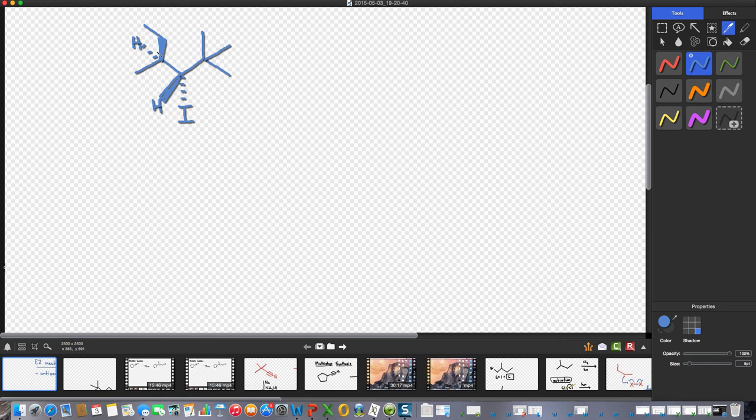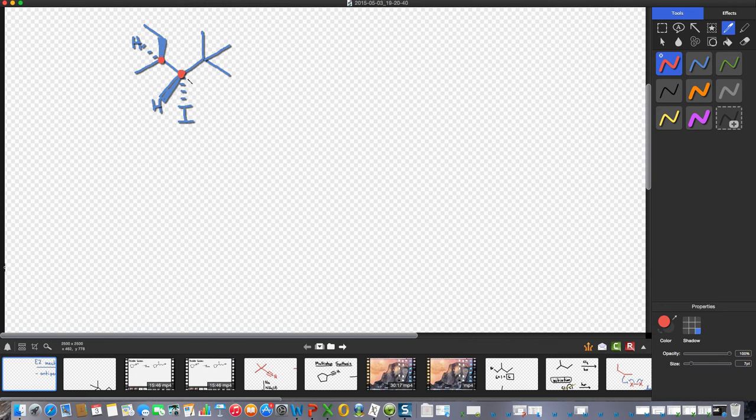It has 1, 2, 3, 4, 5, 6 carbons in the longest chain. But to simplify things a bit, we're going to look down the bond of this carbon and this carbon.